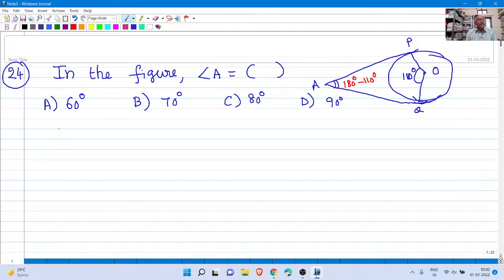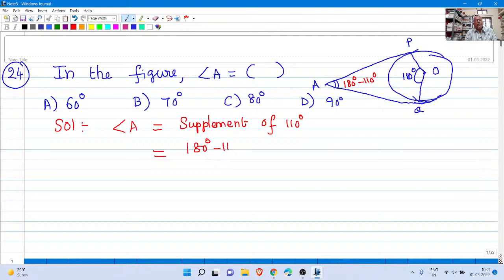So the solution: angle A is equal to the supplement of 110 degrees. What is the supplement of 110 degrees? 180 degrees minus 110. Obviously, we get 70 degrees. So our answer is 70 degrees. So B is the right option.